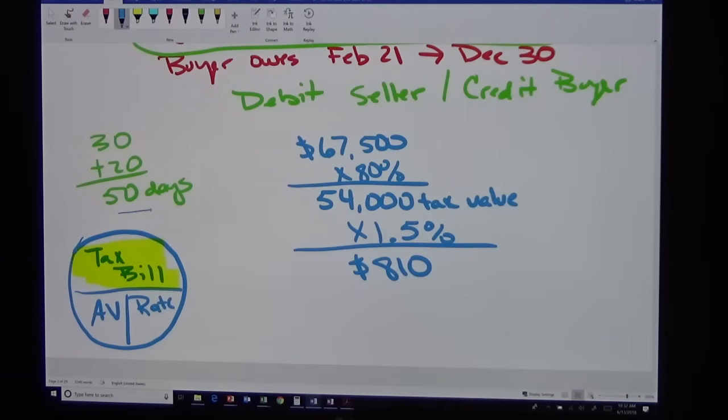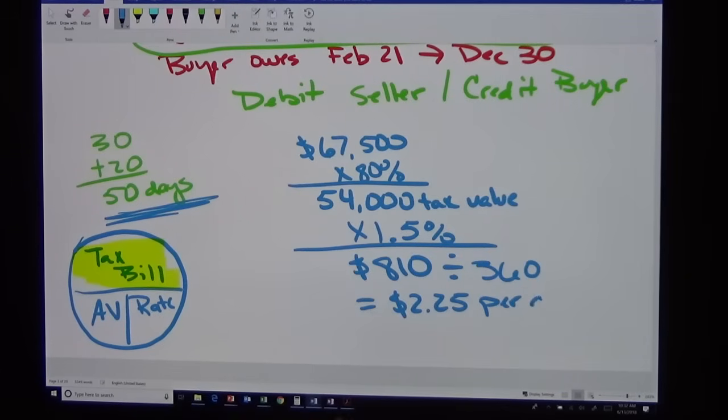Remember, we need 50 days worth of that bill. So we need to break that down into daily. So divided by 360. And that gives us a daily rate of $2.25 per day times 50 days.